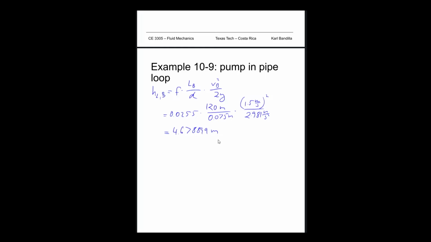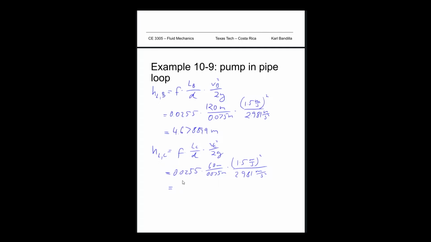You can do the same way for the short way around, right? That would be HLC is equal to f times LC over D times VC squared over 2g equal to 0.0255 now times 60 meters, 0.075 meters times 1.5 meters per second squared, 2 times 9.81 meters per second squared.